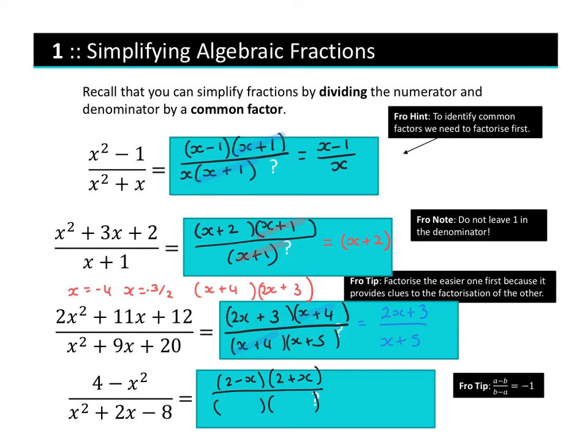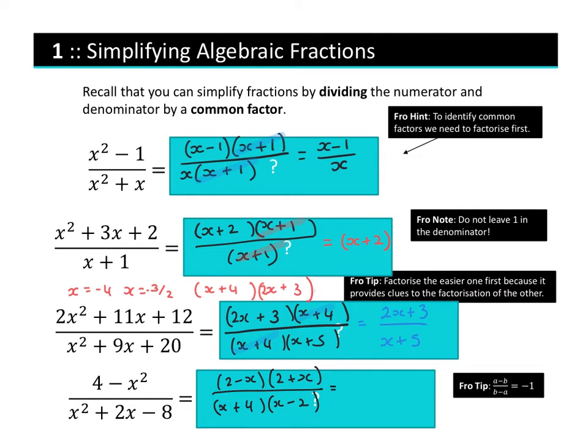And then two numbers that multiply to give me minus 8, but add to give plus 2, is going to be plus 4 and minus 2. Now, if we have a look here, I've got x minus 2, 2 minus x, 2 plus x, and an x plus 4. So what I can do is I can rearrange this.